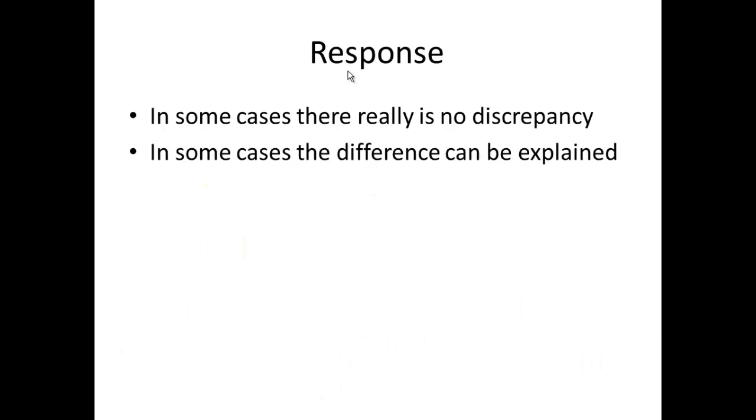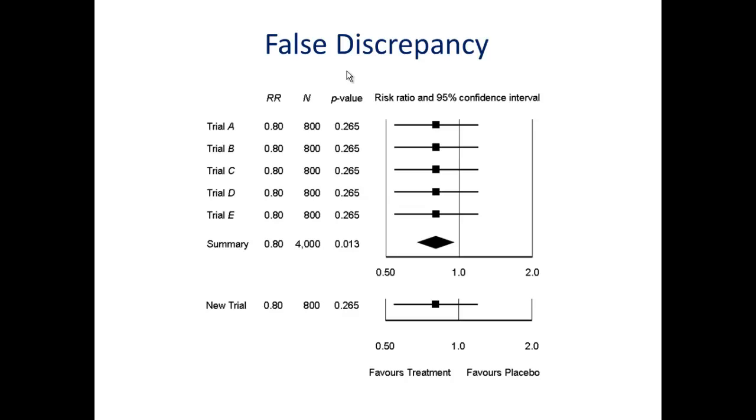Well, it's really worth spending 2 or 3 minutes on this. The first thing is the way that they defined the discrepancy, where the meta-analysis and the RCT disagreed. The way they defined the discrepancy was that one of them had a p-value less than 0.05, and the other one had a p-value greater than 0.05.